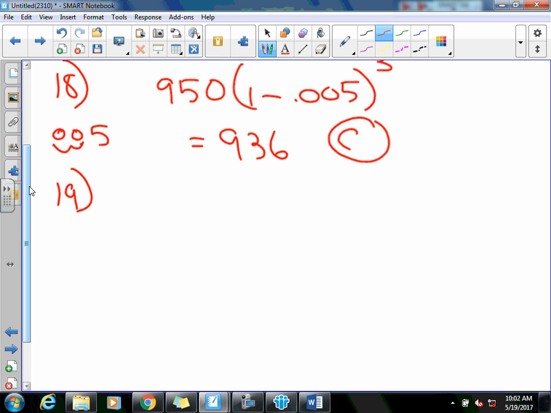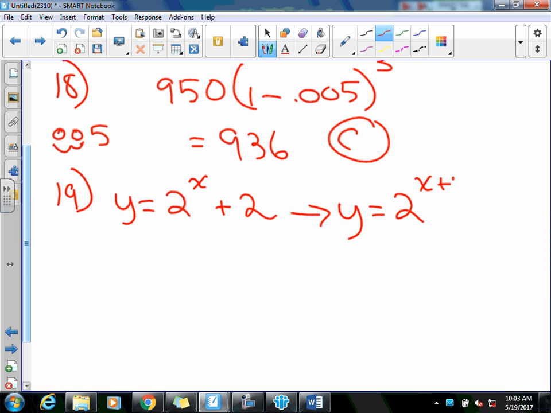For number 19, use the two given functions to choose the best statement. The original function was y equals 2 to the power of x plus 2. The new function is y equals 2 to the power of x plus 5, minus 4.